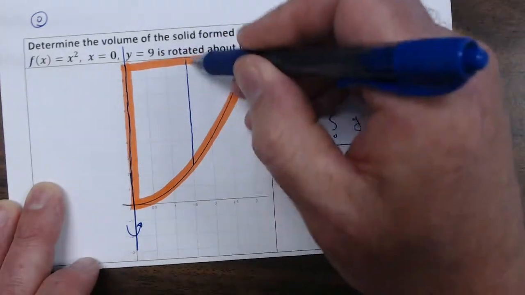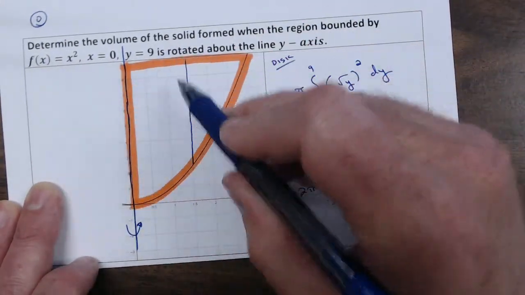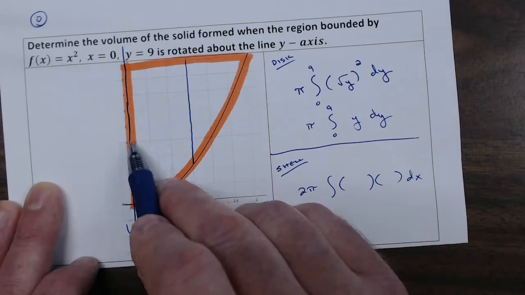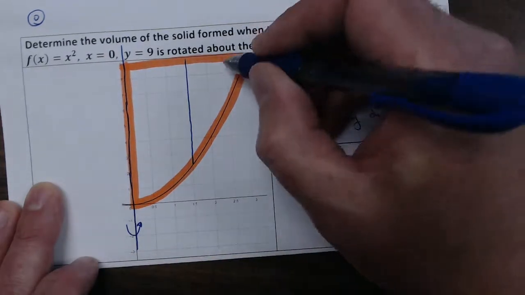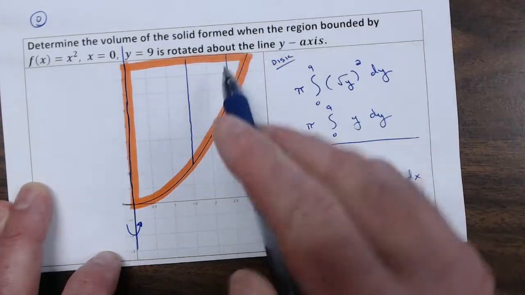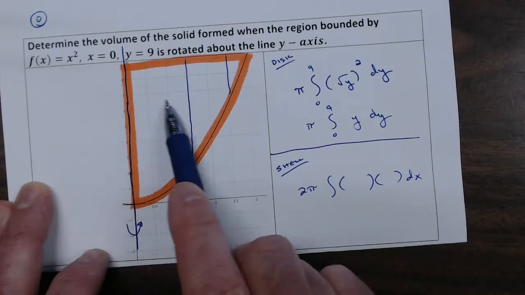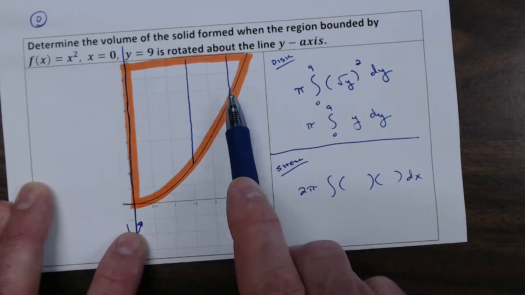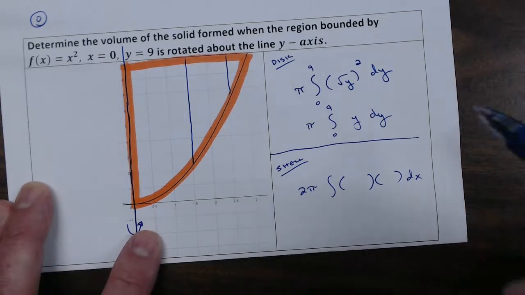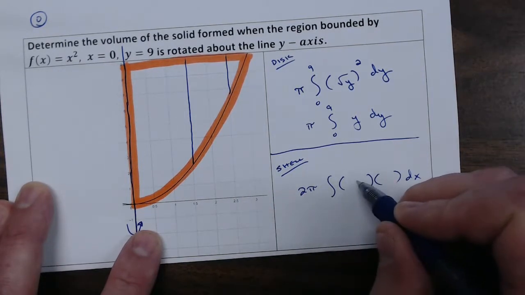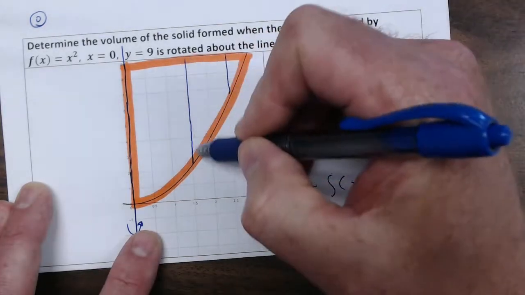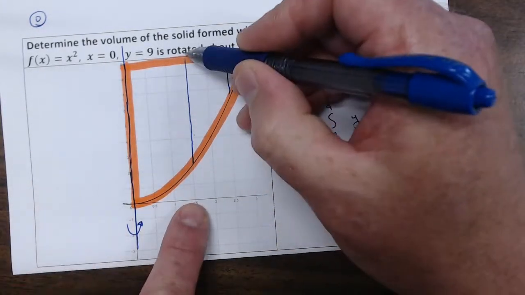So what's the radius of each one of these shells? Here, that's one shell cross section. Its radius looks to be whatever the x value is. And this shell out here that wraps around a little further, its radius from the axis of rotation to where the function is, is another x value. So 2 pi r, and what's the height of each one of these? Uh-oh, look.